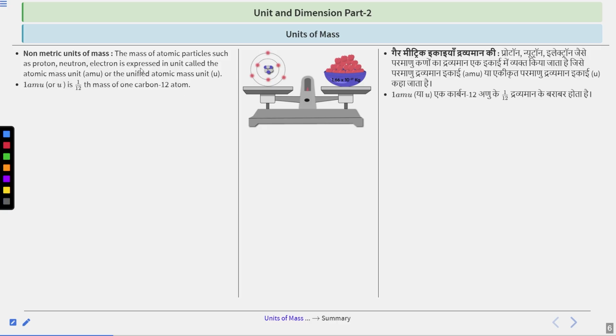One atomic mass unit, or u, is actually 1/12th the mass of one carbon-12 atom.